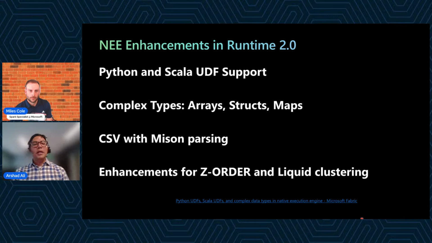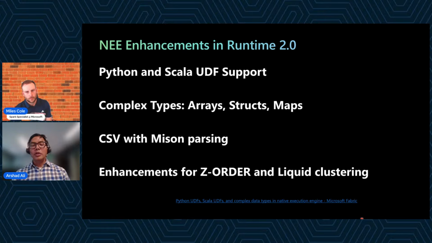Complex data types are something we need to use as new use cases keep coming, right? The primitive data types that we use are good, but support for complex data types like arrays, structs, and maps requires special handling.